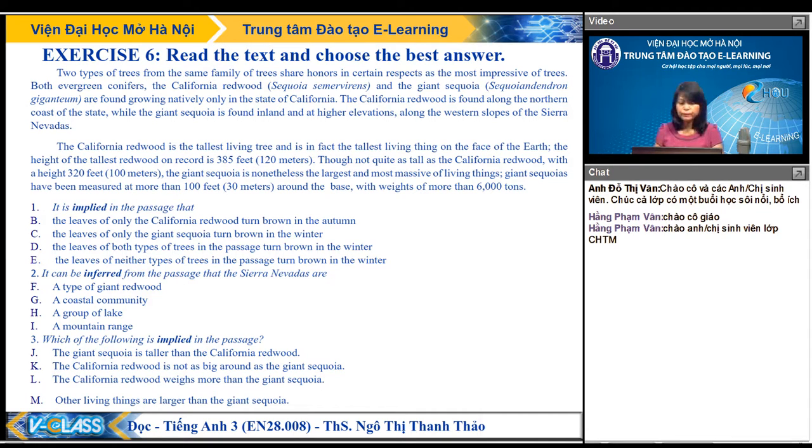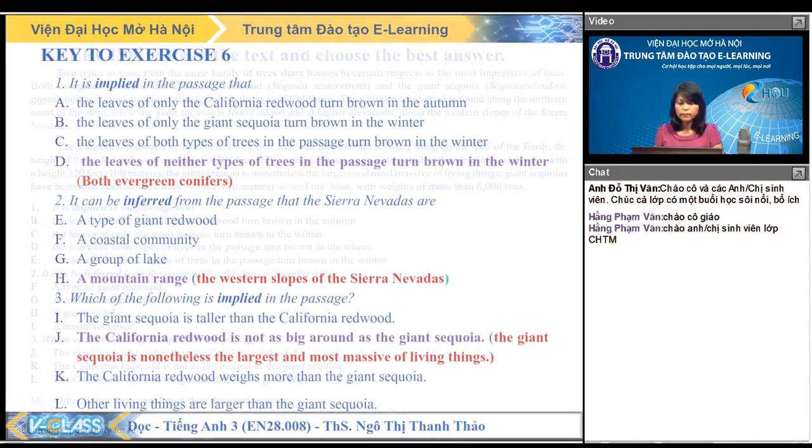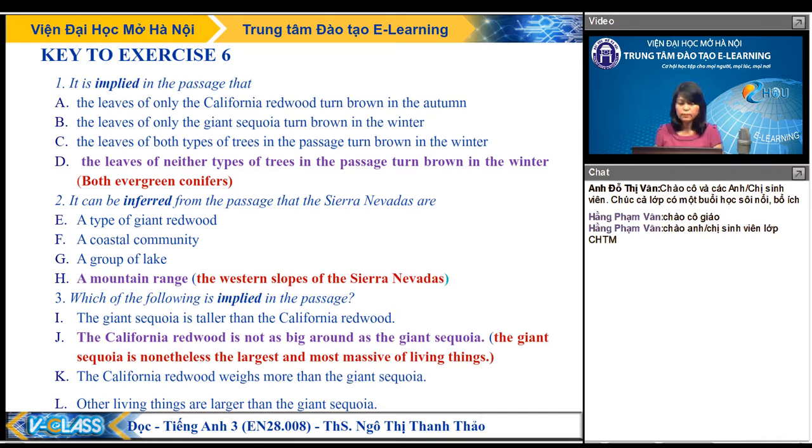Okay? Now, please look at the first question here. It is implied in the passage that... What does the passage imply?